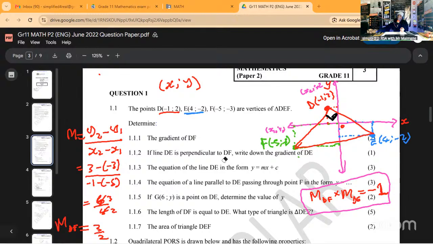Hopefully. Now, the reason why they wanted you to get the gradient of DE is because you already calculated the gradient of DF and found it to be 3 over 2. You substitute 3/2 for the gradient of DF, and we know it's multiplied by the gradient of DE, and it equals -1, and then you solve that.